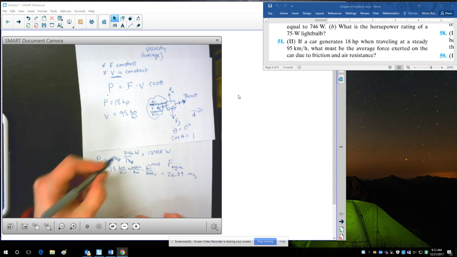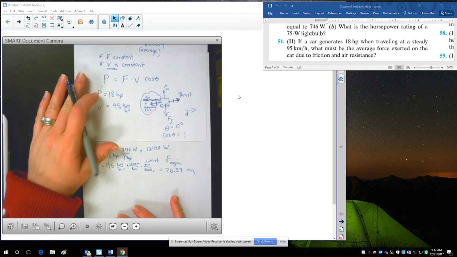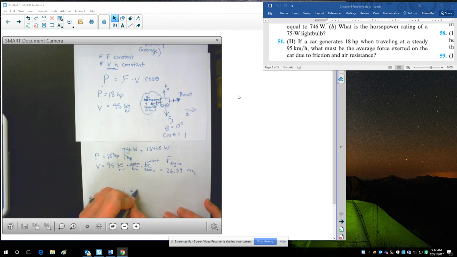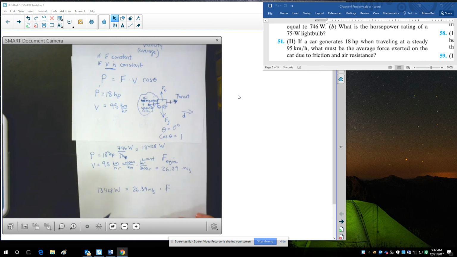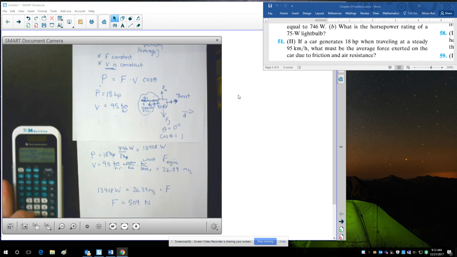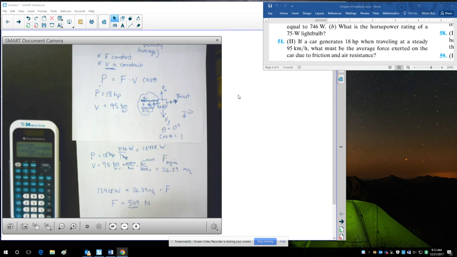And now finally I put it all together in my rearranged power equation, where I have 13,428 watts equal to the velocity of 26.39 meters per second times the force pushing it forward by the engine. So the force turns out to be 508.9. Let's just have 3 digits: 509 newtons.